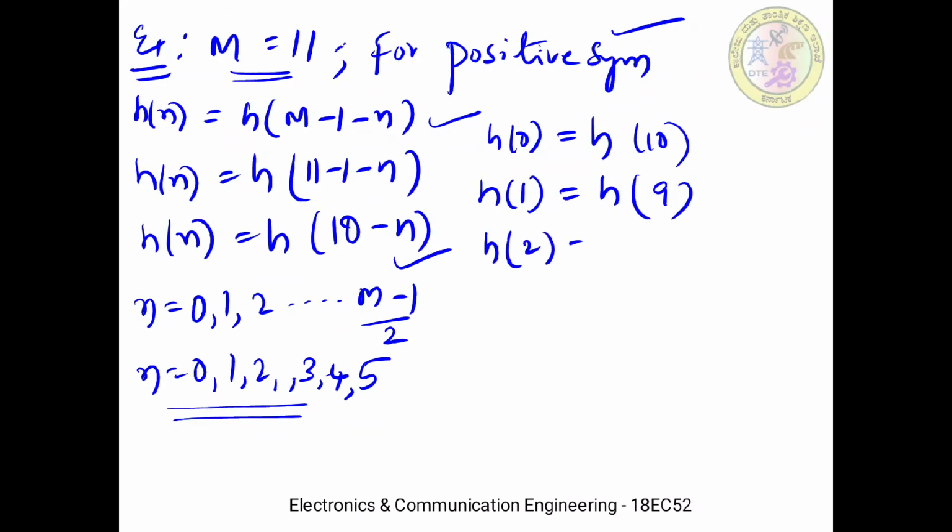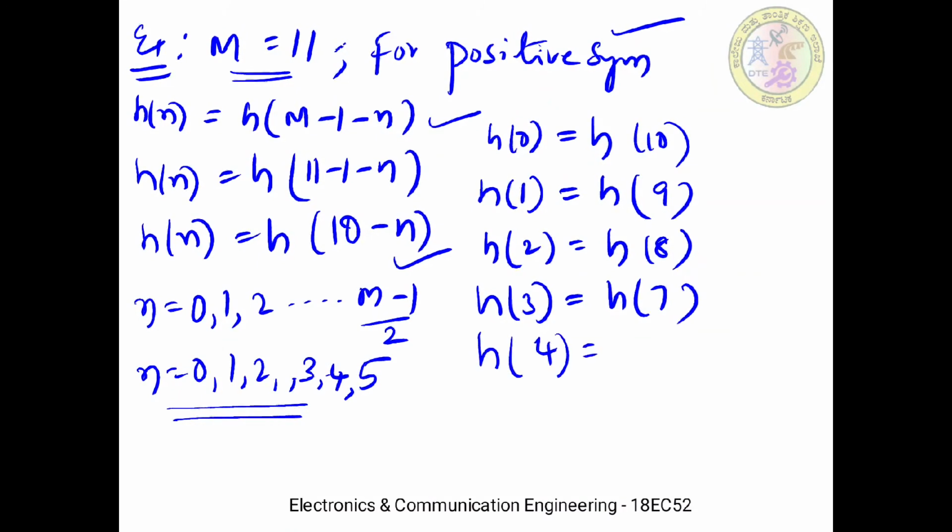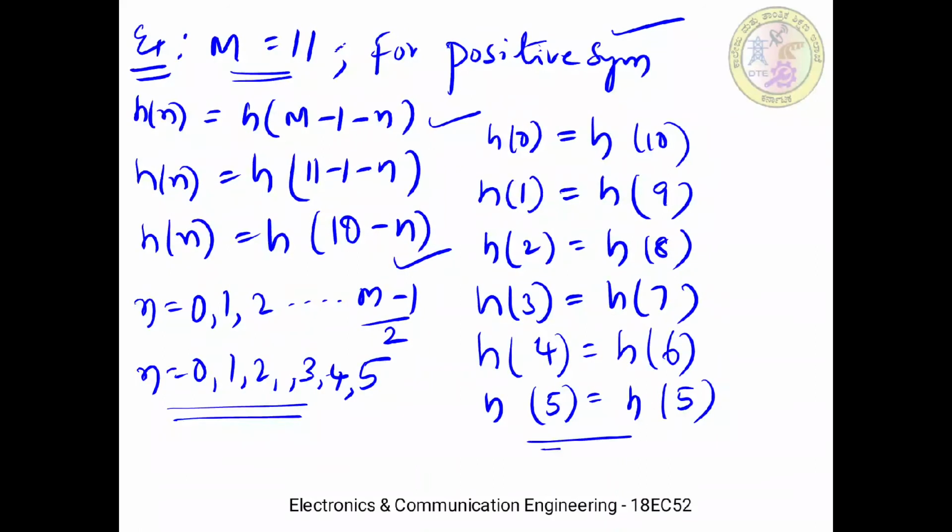Similarly, h of 2 is equal to h of 8. Then h of 3 is equal to h of 7, h of 4 is equal to h of 6, and h of 5 is equal to h of 5. This is important: h of 5 is equal to h of 5.